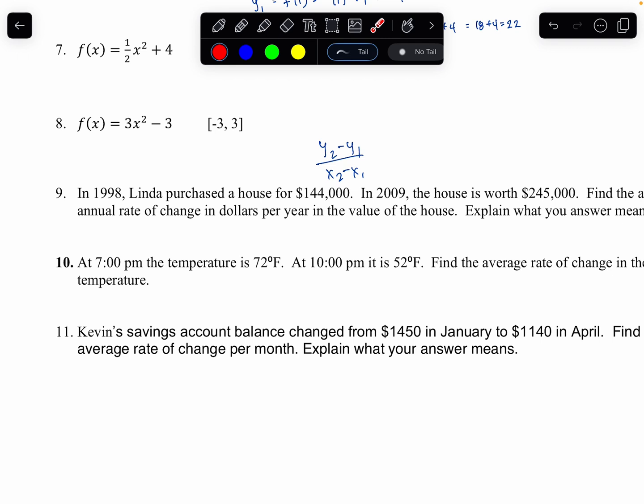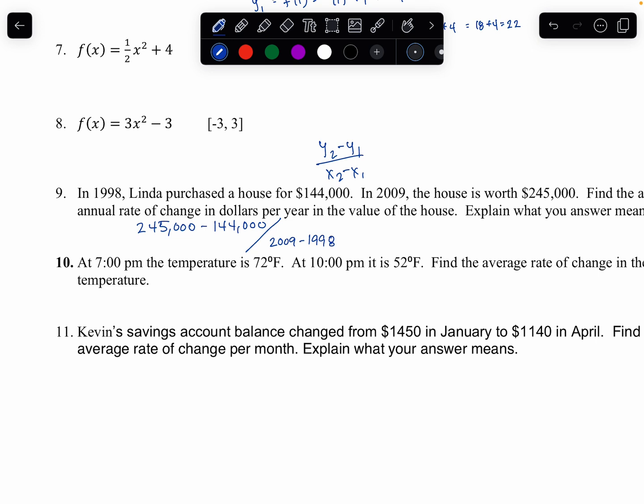So this is how I would write it. So let's do the end of the interval. So the end of the interval, the price of the house was $245,000, and we're going to subtract $144,000, and then we're going to divide that by 2009 minus 1998.